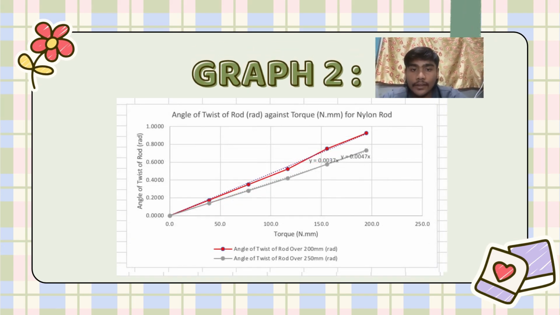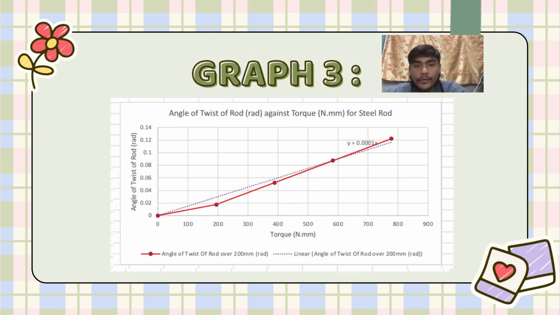Next, we have graph 2. Graph 2 is a graph of the angle of twist rod in radians against torque in Newton millimeter for the nylon rod. In this graph, we can see that angle of twist rod over 200 millimeter has more increase than angle of twist rod over 250 millimeter. Then we have graph 3.